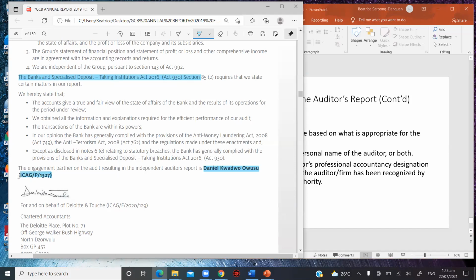That's his license number. And then here, for and on behalf of Deloitte & Touche, this is also the reference or license of Deloitte. Their license number is also here. So in our jurisdiction, the partner's name should be there, with his license number or reference, and then the firm name should also be there, with its reference. These make up the signature of the auditor.